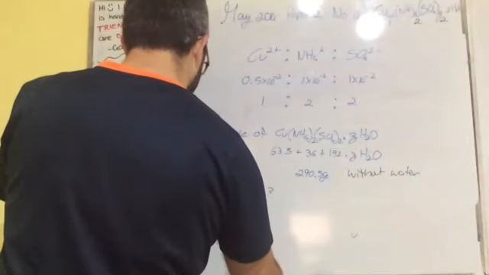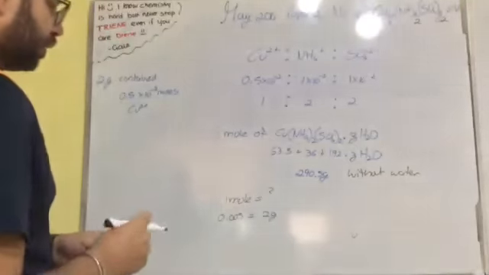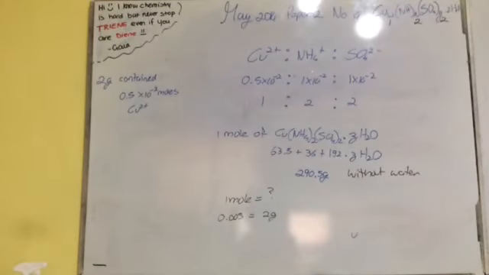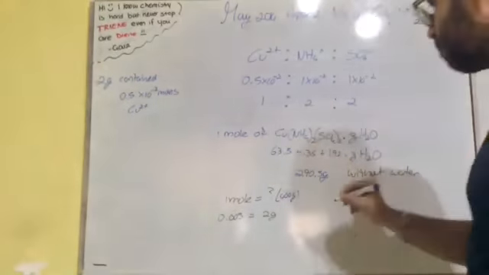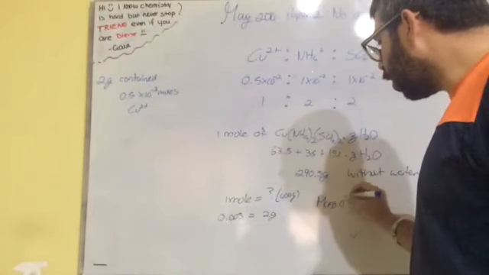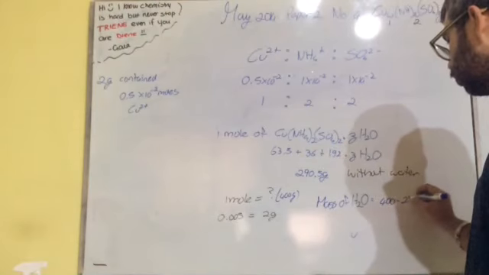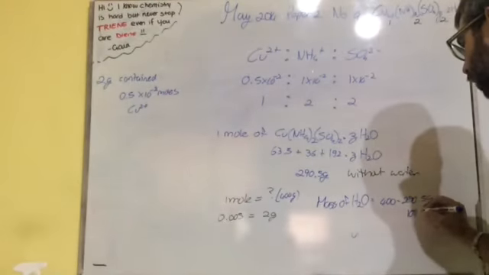If 0.005 equals 2 grams, that would be equal to, I believe it's 400, but let's just work it out to be on the safe side. So it's 400 grams, so 1 mole equals 400 grams. Mass of water is equal to 400 minus 290.5 grams, which is equal to 109.5 grams.